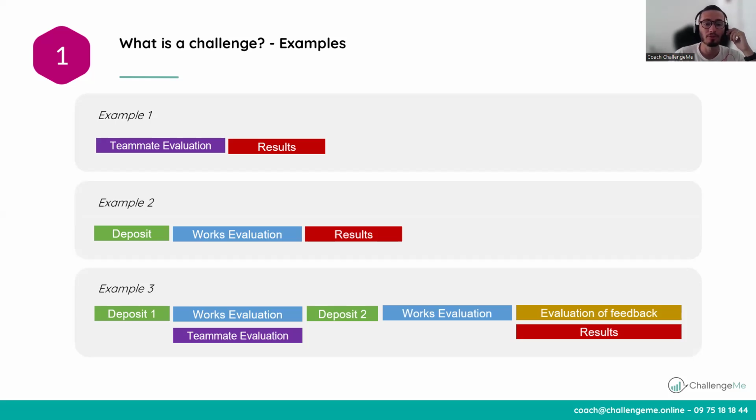And in example number 3, just to let you see that you can really customize your challenge, you can start with the first submission phase, then ask them to assess the work of others, and in the meantime, assess their teammates with whom they have collaborated on behavioral criteria like communication within the group, initiative taking, critical thinking, etc. You can add a second submission phase to ask the students to improve their work, and this improved work can be assessed by teachers, for example, and then they can access their results and assess the different feedback they receive.